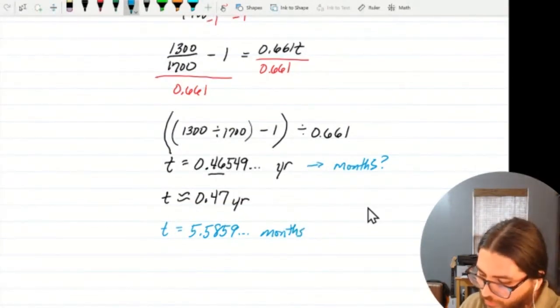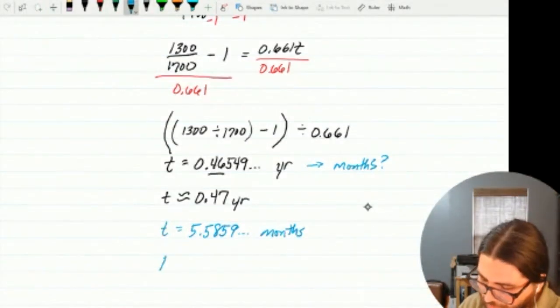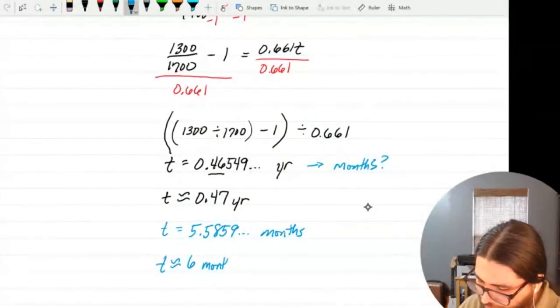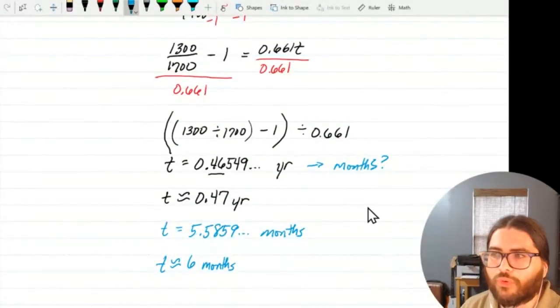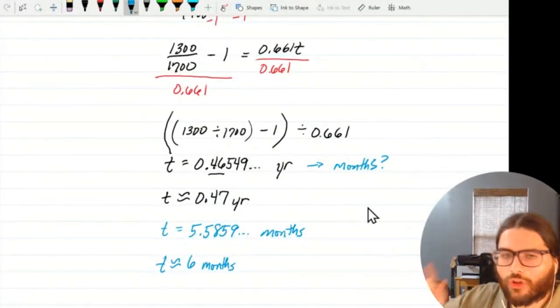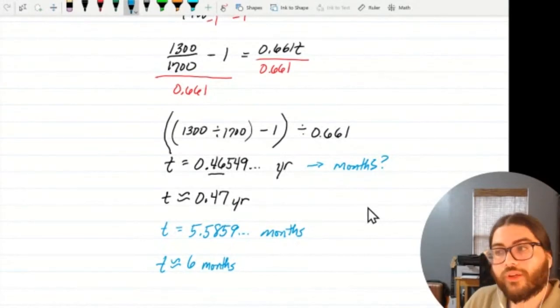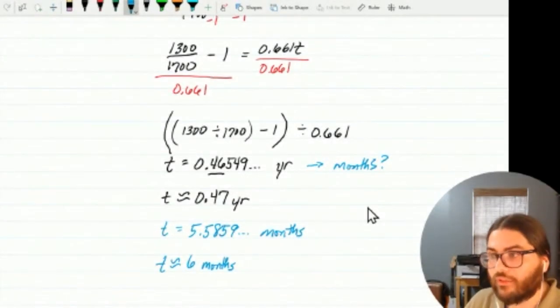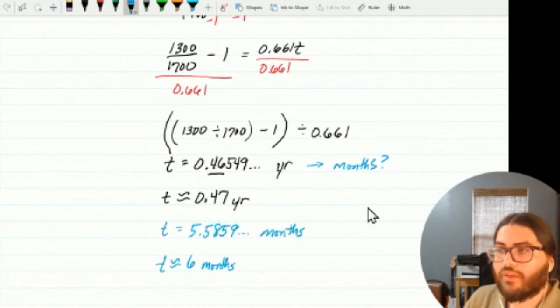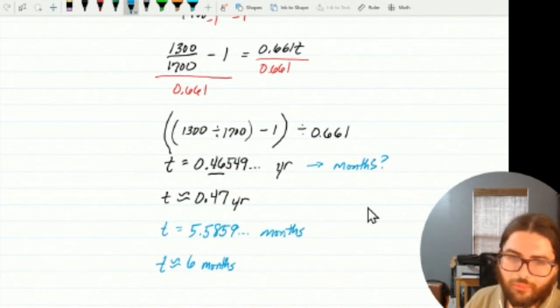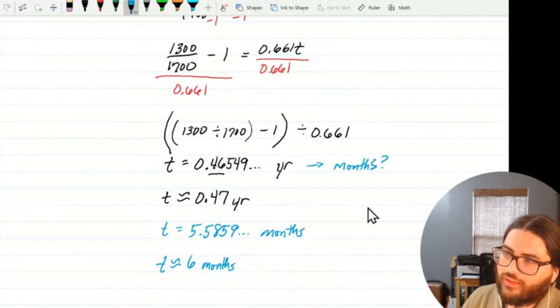So if I rounded that to a whole number of months, that would be 6 months. But you probably weren't surprised about that, right? Because you saw that the original decimal was really close to 0.5, and 0.5 is about 1/2. So maybe it doesn't surprise you that it ended up being about 6 months.